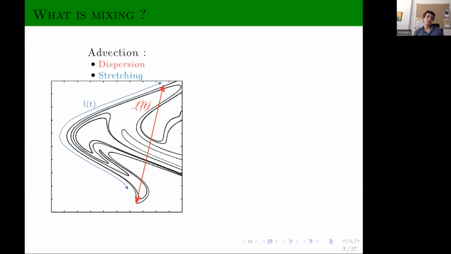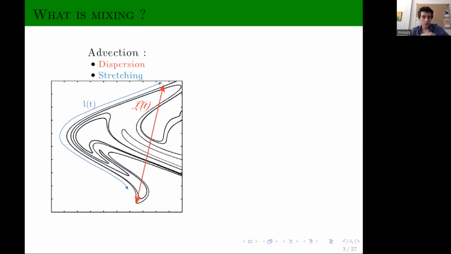So you generate a flow field, and this advection will set two distinct processes which are solely fixed by the kinematics of the flow. These processes are dispersion, which basically tells you the size of the envelope that will be explored by the milk when you stir it.